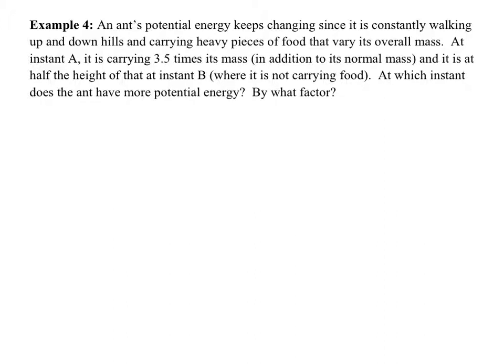So draw yourself a little diagram. Here's the ant to start. Here's the ant with food on its back. The mass overall is going to be 4.5 m. How do I know that? Because it's got its own mass, which is m, plus 3.5 of its mass, which is 3.5 m, plus m gives you 4.5 m. M is just some dummy variable.